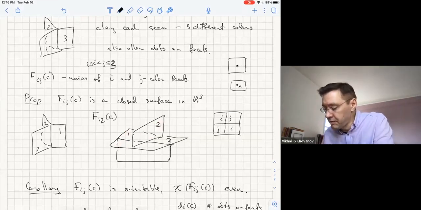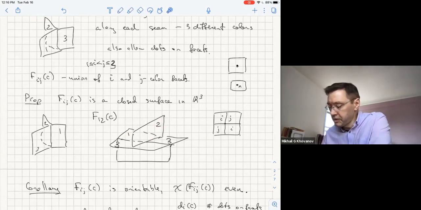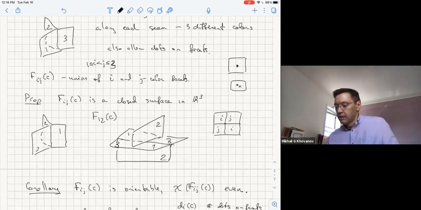It also must carry label 3, and so on. So this one is adjacent to 2 and 3, so it must carry number 1. And finally, the bottom one is next to both 1 and 3, so it has to have label 2. So you see it's full symmetry.